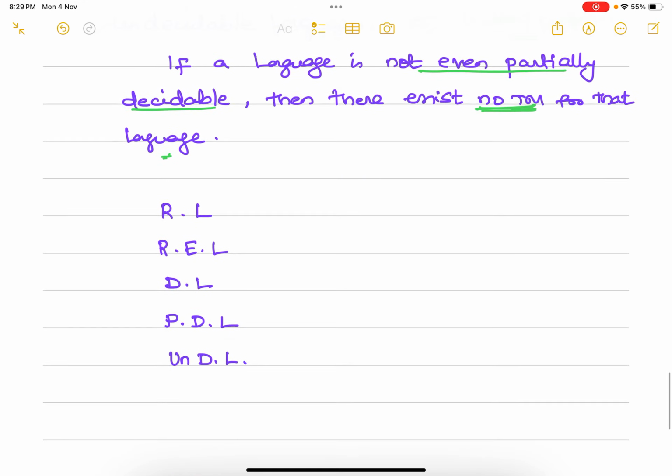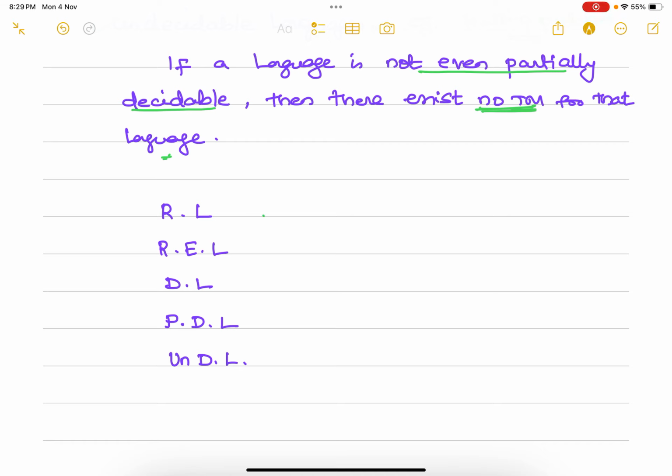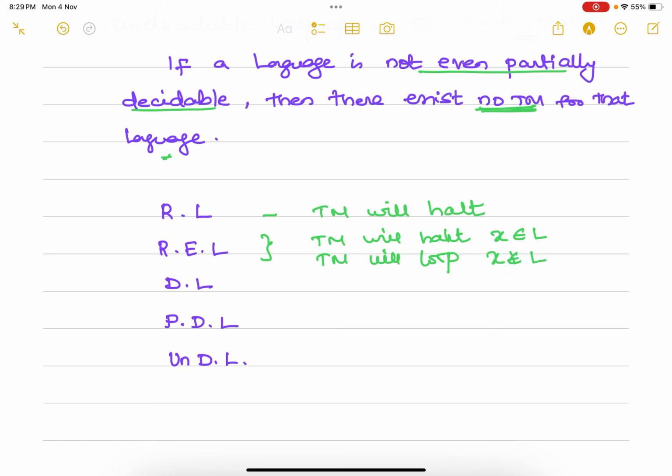Now coming to the summary, how can we summarize? Recursive languages have a Turing machine that will halt on all inputs. For a recursively enumerable language, the Turing machine will halt for those strings that belong to L, and it will loop for those strings that do not belong to L. So we have decidable languages, which are recursive languages, partially decidable languages, which are recursively enumerable languages, and undecidable languages.